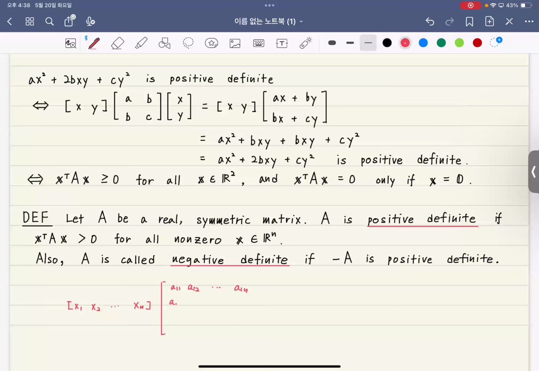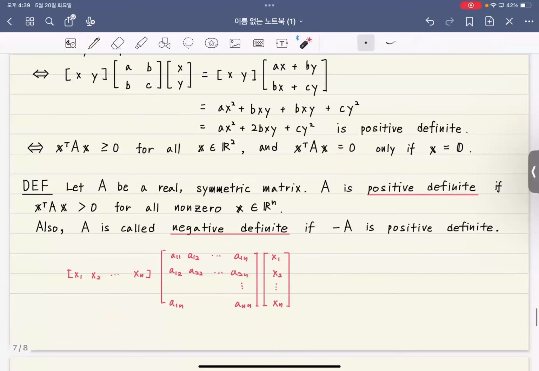Usually it would be a21, but since this is symmetric, I will say a12. So this is x transpose times A times x.